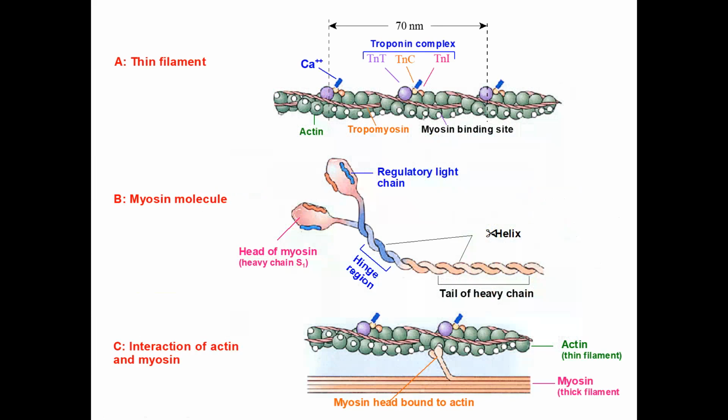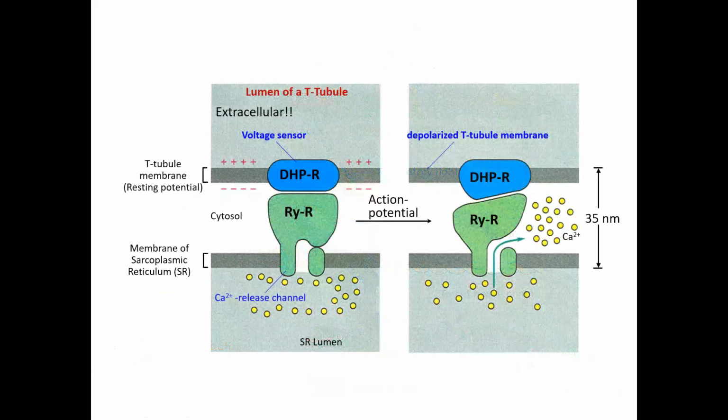And then you have in the membrane of the sarcoplasmic reticulum ryanodine receptors. They are also calcium channels, not voltage dependent, but calcium channels. Okay? And now what happens here is this.